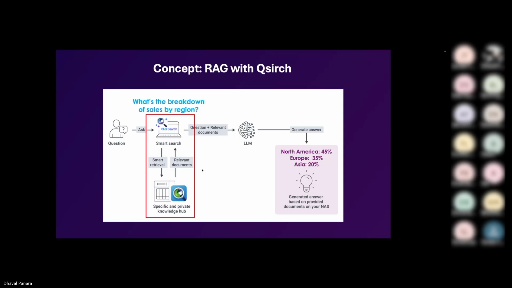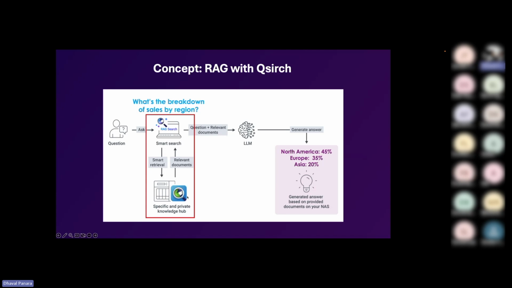So when we look at Qsirch specifically, you can see right here, when you ask a question, the RAG search will go to the Qsirch database inside your NAS and get the relevant documents based off the search information. Like for example, what's the breakdown of the sales by region? That's a question I have asked the Qsirch.